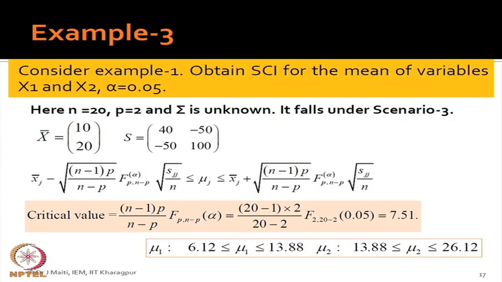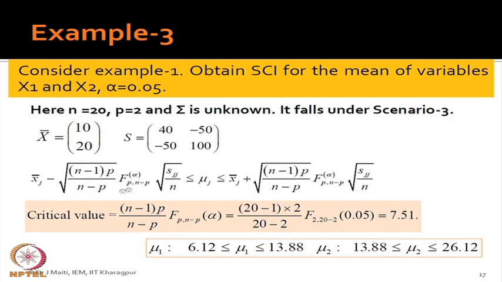How do you go about it? Everything is given here. You see x1 bar is 10, x2 bar is 20, S11 is 40 and S22 is 100, and you require to know the value of the quantity n minus 1 times p by this. Earlier we have already seen that the critical value is 7.51.